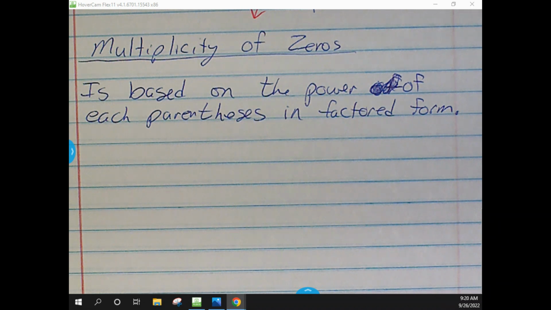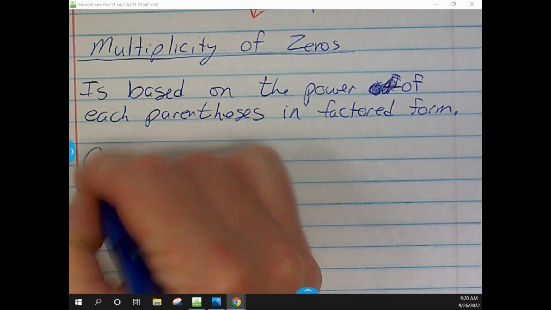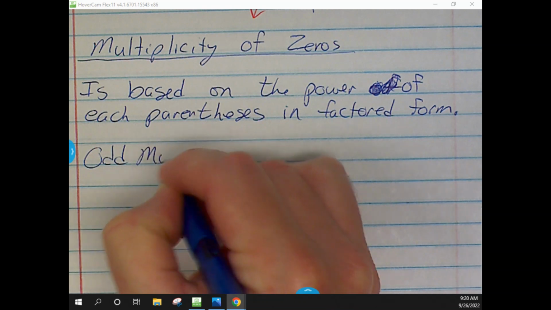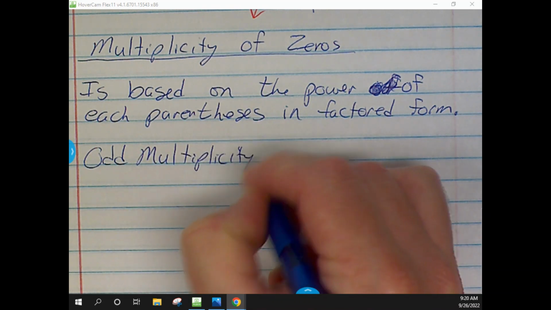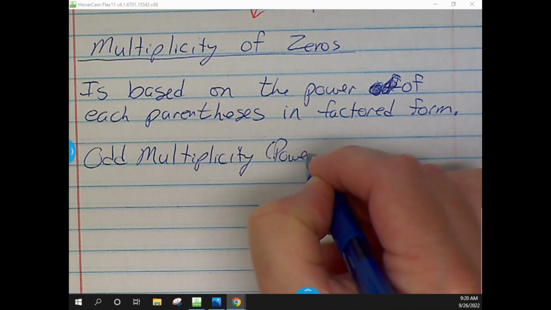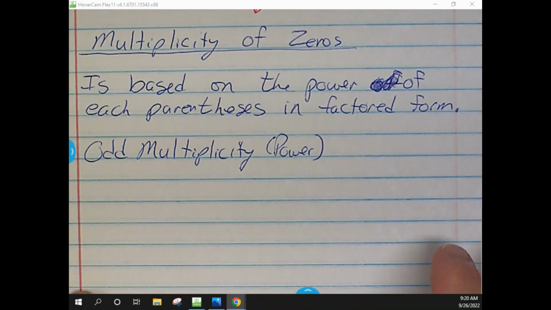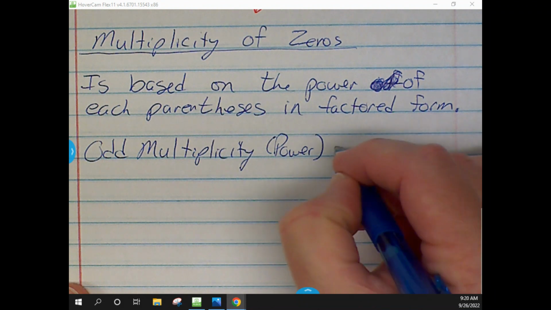Okay, so if it's an odd multiplicity or an odd power, okay, so again, when they're talking multiplicity, we're basically talking about the power.